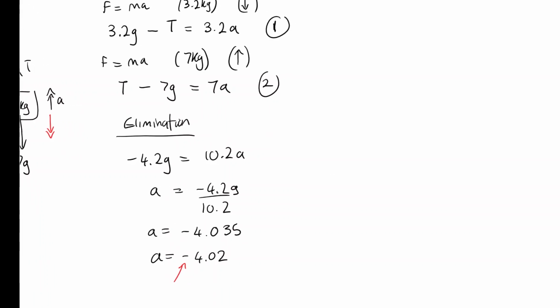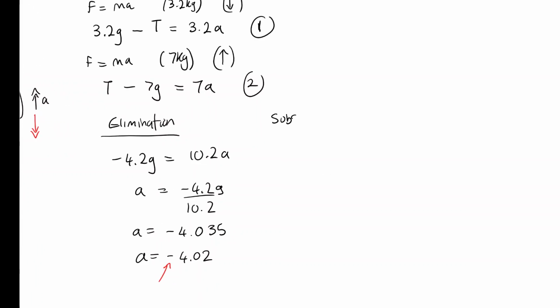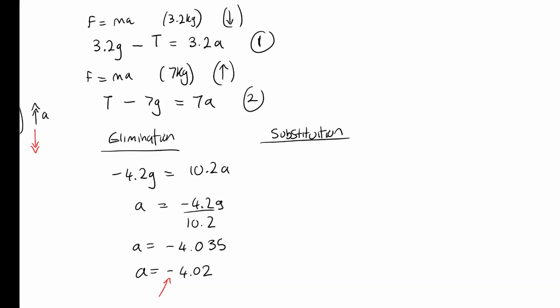And then just to see that substitution would give exactly the same thing, we'll make T the subject of equation 2. So T is equal to 7a plus 7g. We'll plug that into equation 1: 3.2g minus (7a plus 7g), in brackets because it's the whole thing being subtracted.